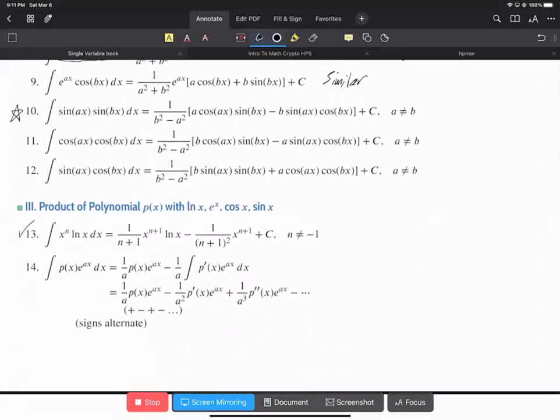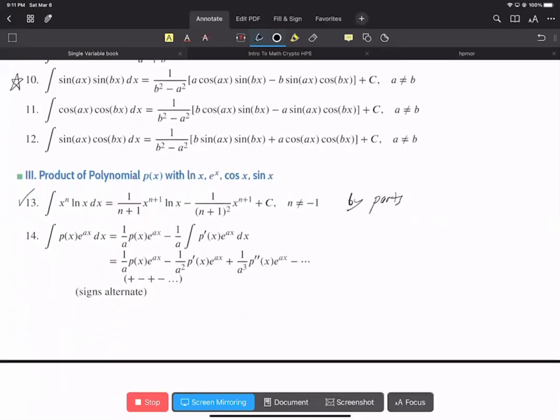We did an example of this by parts. 14, we kind of did. We did the integral, I think, of t cubed e to the 3t, or e to the 2t, actually. So it's a similar idea. That was a multi-step by parts.